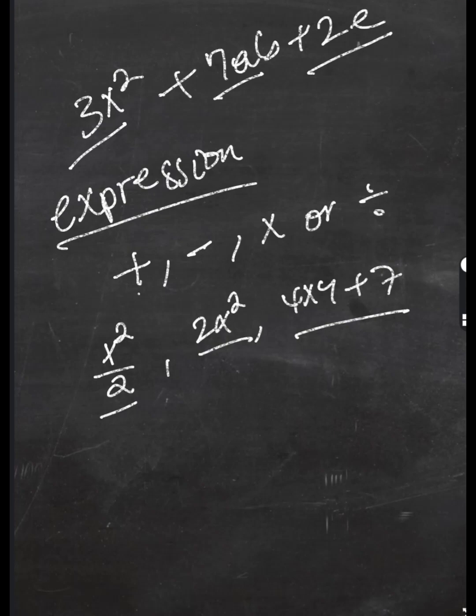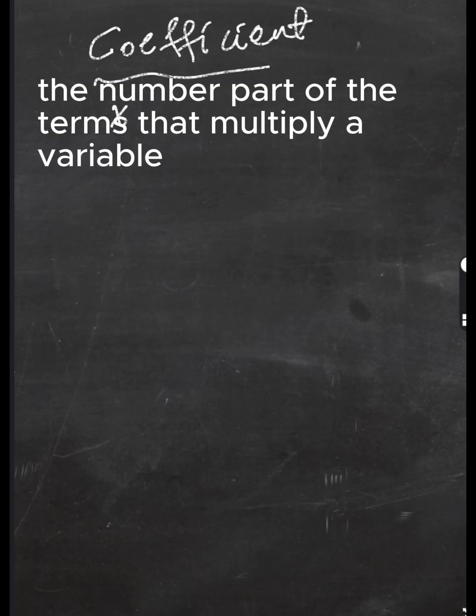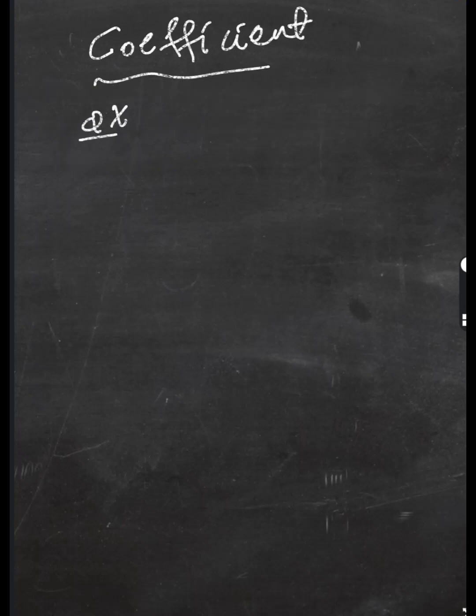The other term we have to know here is coefficient. If I have the value x, or if I have 2x, a coefficient is the number part of a term that multiplies a variable or a power of a variable.